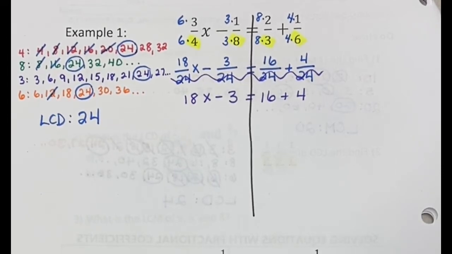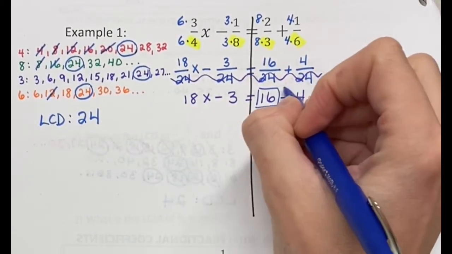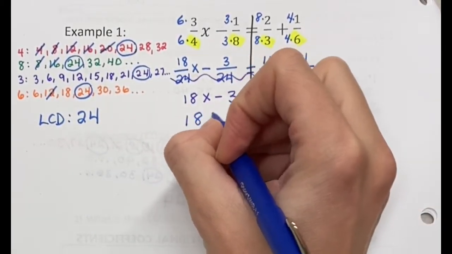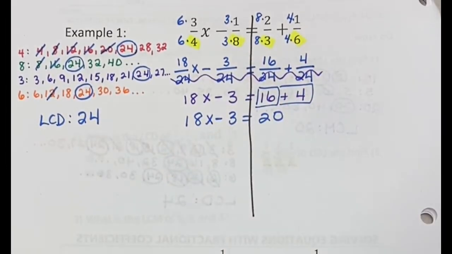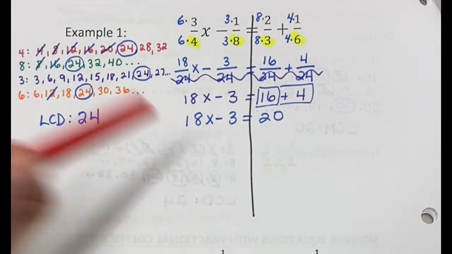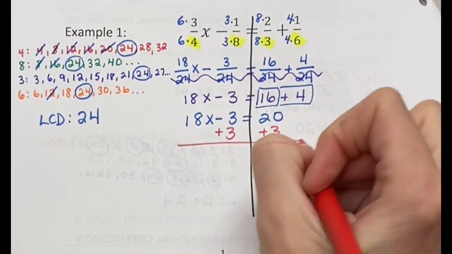So we're going to combine our like terms, and I notice that I have like terms on my right side of my equation. So I'm going to combine the 16 and the 4. On my left side, I still have 18x minus 3, then equals 20. Now there's no variables we need to move over because we only have variables on one side. So I'm just going to add my 3 on both sides.